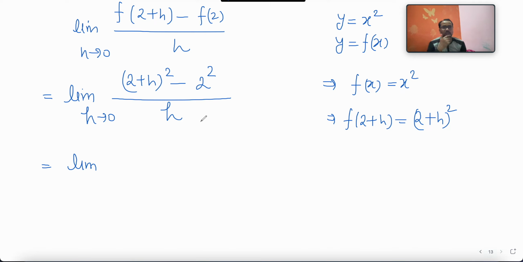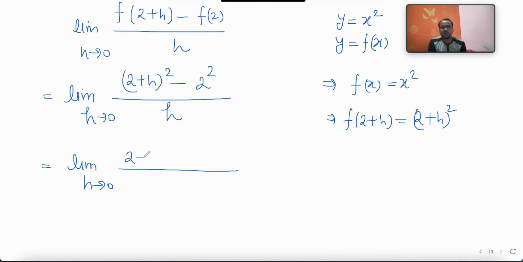This is a simple limit. You can solve this limit now. But before solving, if you put h equal to 0 in the numerator and denominator, it will become 0 by 0 form. See, 2 plus 0 whole square, 2 square, minus 2 square, 0 upon 0. So before solving this limit, let me try to cancel some factors from the numerator and denominator. So you write it using the a square minus b square equals a plus b into a minus b identity.